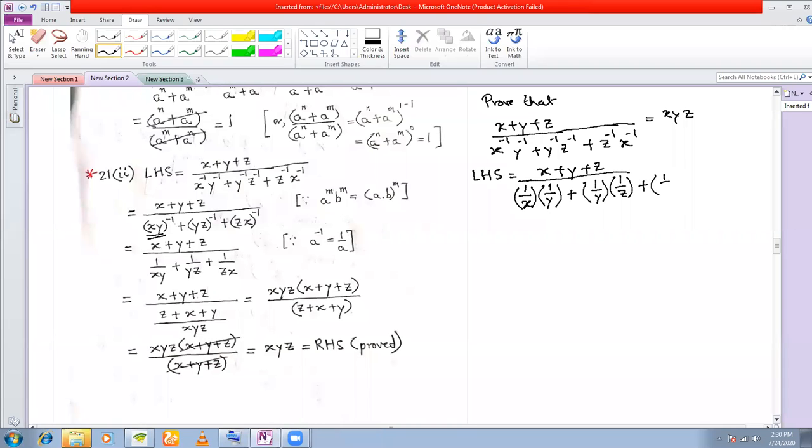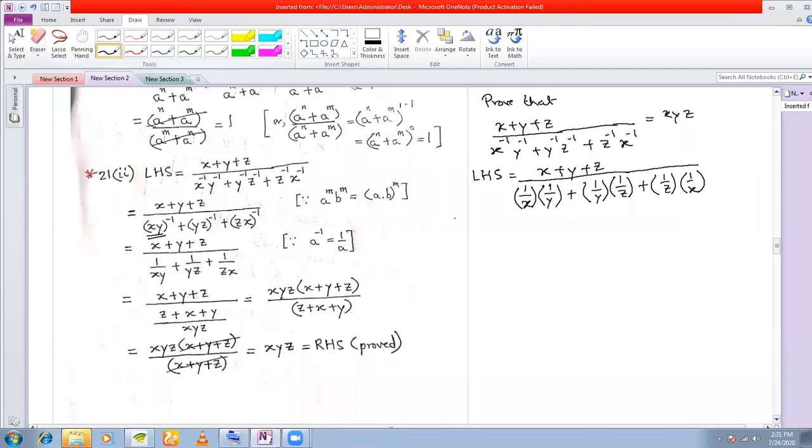I can write in this manner. So we'll make it positive, because you know that a to the power of -n is equal to 1 by a to the power of n. So x to the power of -1 must become 1 by x. Applying this rule, I have changed all the denominators.